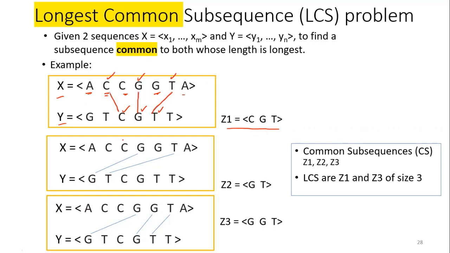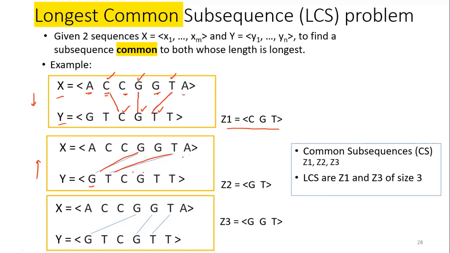Let's look at other ways of solving this. Now I could start from the bottom, and I could say, well, is G appearing over here in the top? So this is sort of like going the opposite way. Is G appearing here? Yes, G is appearing here in X. Is T there? Yes, T is there, and C doesn't exist.